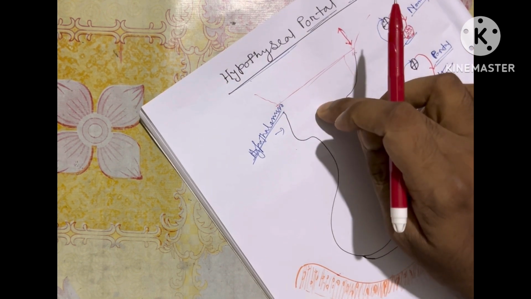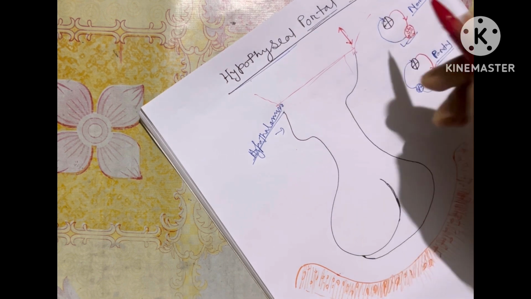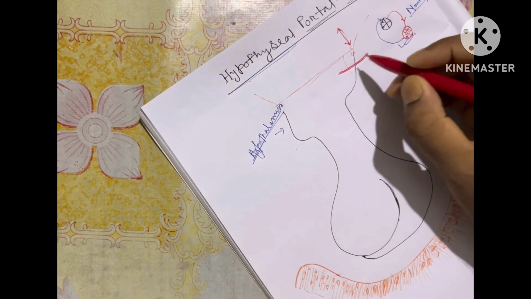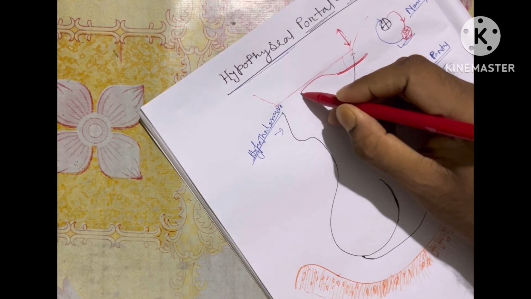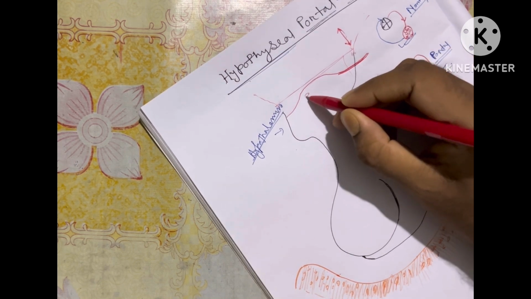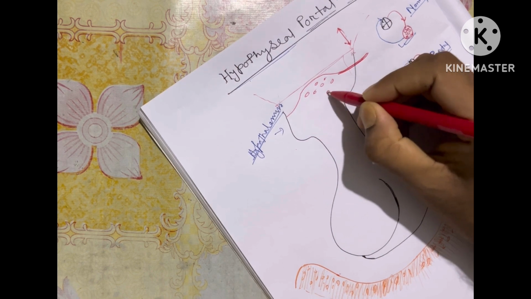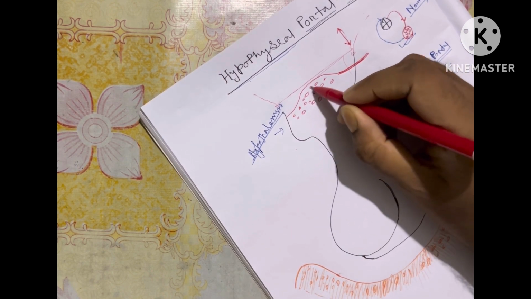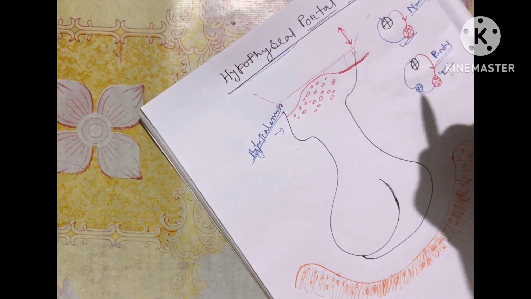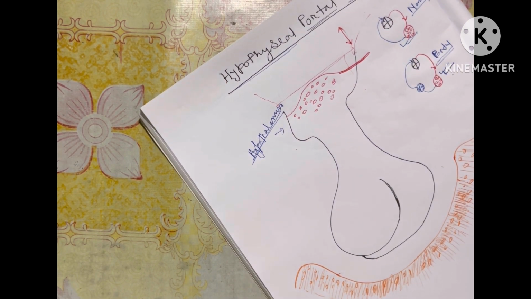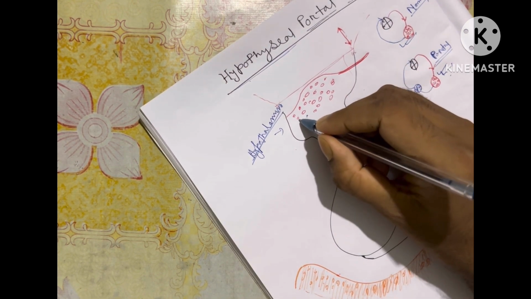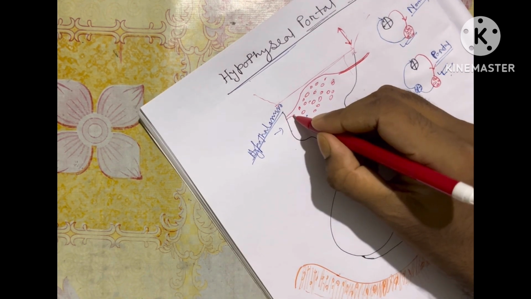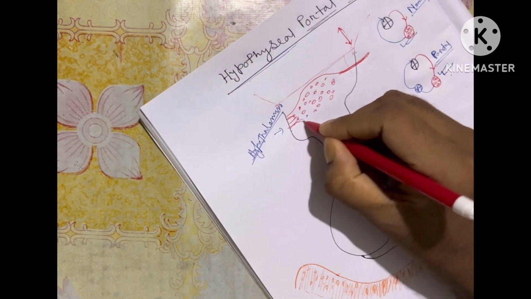So here we have the portal system. Blood will come through an artery and create a network of blood vessels.